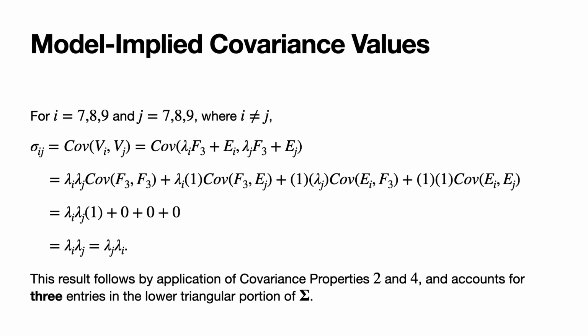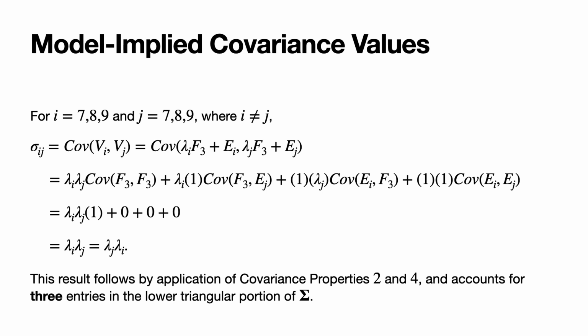Next, let i range from 7 to 9 and j range from 7 to 9, where i is different than j. And so sigma sub ij, which by definition is the covariance of v sub i and v sub j, in this case is equal to the covariance of lambda sub i times f3 plus e sub i with lambda sub j times f3 plus e sub j.